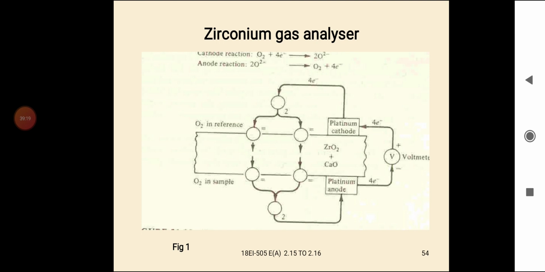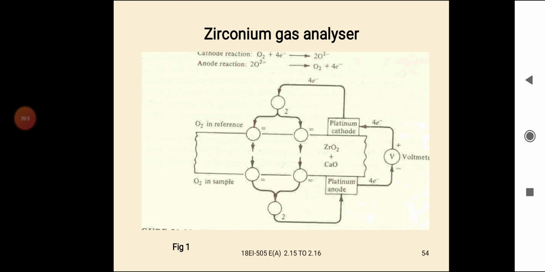A voltmeter is connected between the two electrodes, which gives the potential generated from these anode and cathode reactions, where at one electrode oxygen becomes ions, and at the other electrode oxygen ions become oxygen. The cathodic and anodic oxidation reduction reactions cause electrons to be absorbed and displaced in the holes.